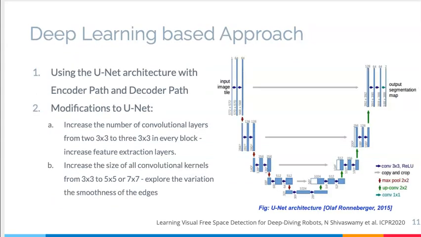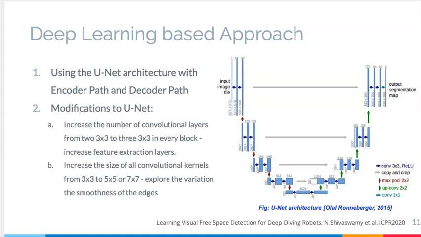For the deep learning based approach, we have used the U-Net architecture, which is basically an encoder and decoder path network. We make several modifications to U-Net to adapt to our deep sea images. Firstly, we increase the number of convolution layers from 2 3x3 to 3 3x3 in every block to increase the feature extraction layers.